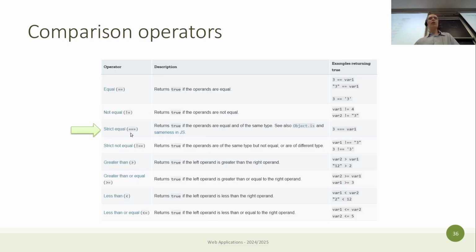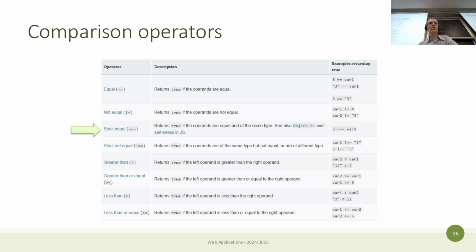Comparison operators. We already saw the triple equal sign, the difference between the equal and the strict equal, as it is called, with also the version with the not equal. One checks also the type while the other tries to convert one type into the other.